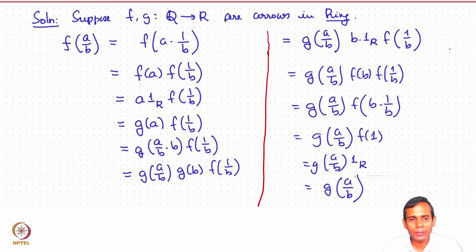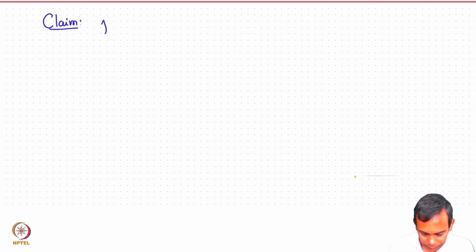Okay, and so now automatically this means that J is an epimorphism.